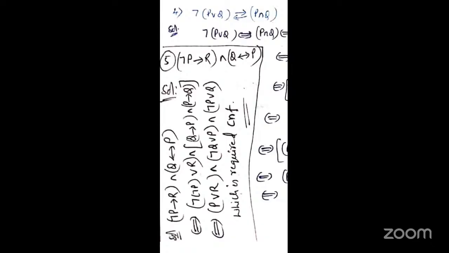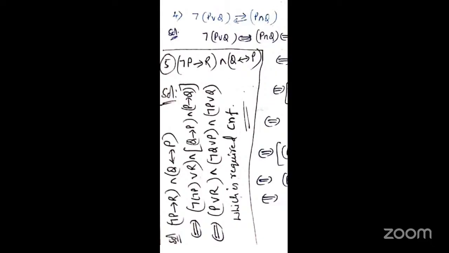In your final exam, they will ask these types of questions only. So, negation P implies R intersection Q double implies P.